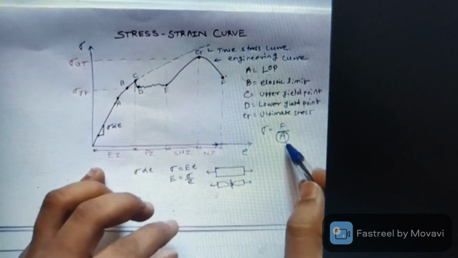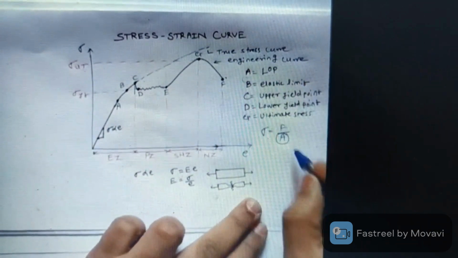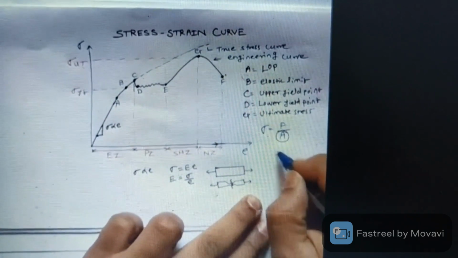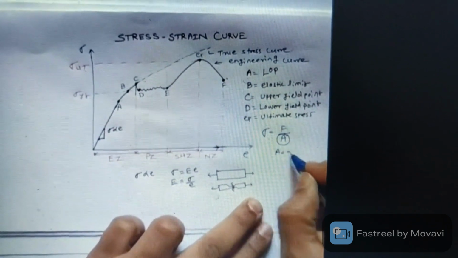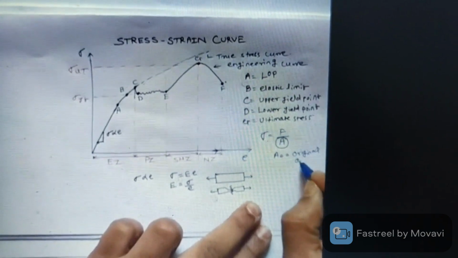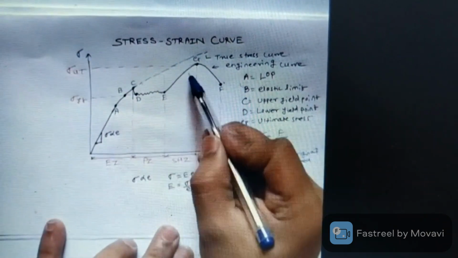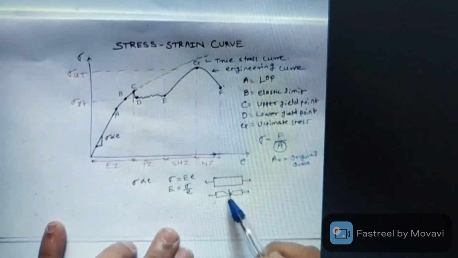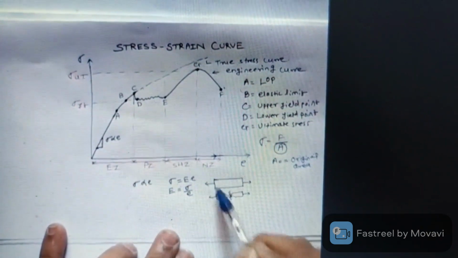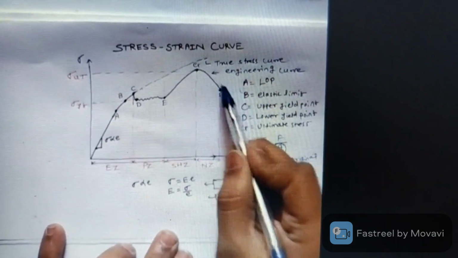But for the engineering curve we consider the original area or nominal area. So we consider this area for each section. Even if at this section the area has reduced, we are considering the original area A0 for this curve.